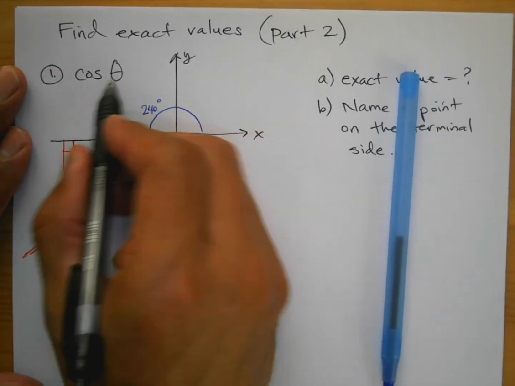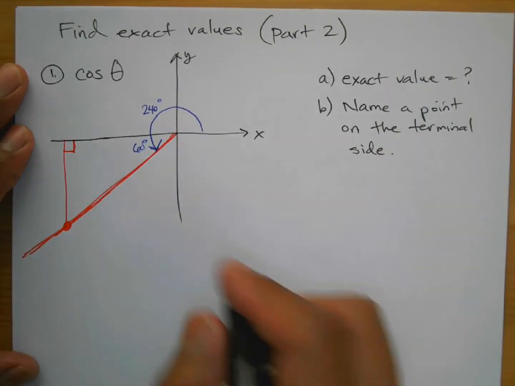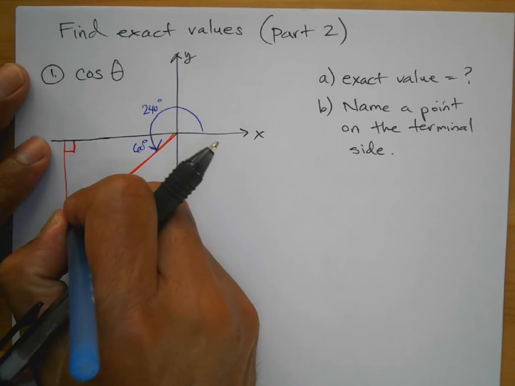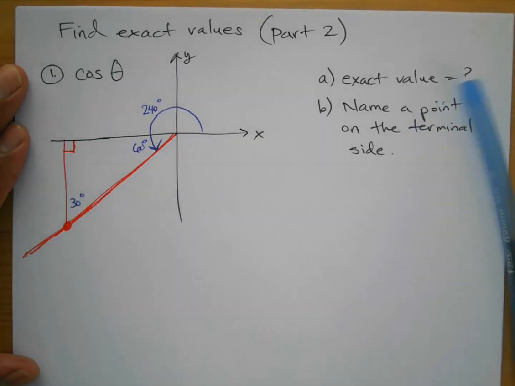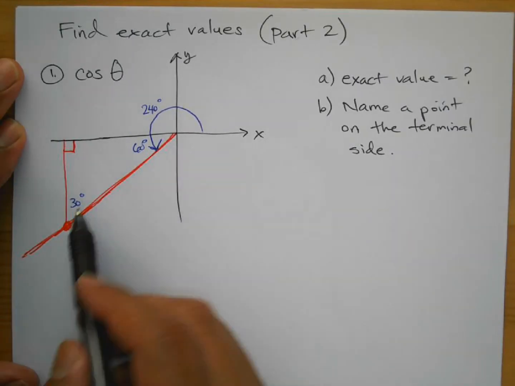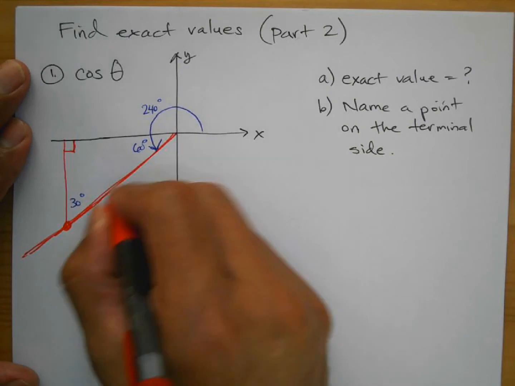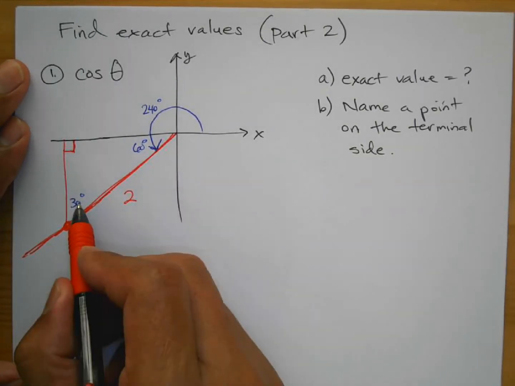In order for you to get these exact values, you have to see the triangle and have all 3 sides. So that's 60, this one's 30, and I know it's a 30, 60, 90. We covered it in part 1, the first video. The hypotenuse is 2.